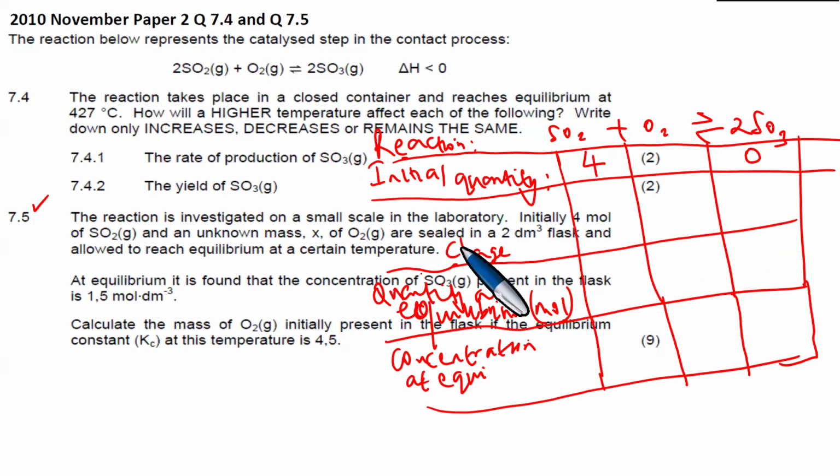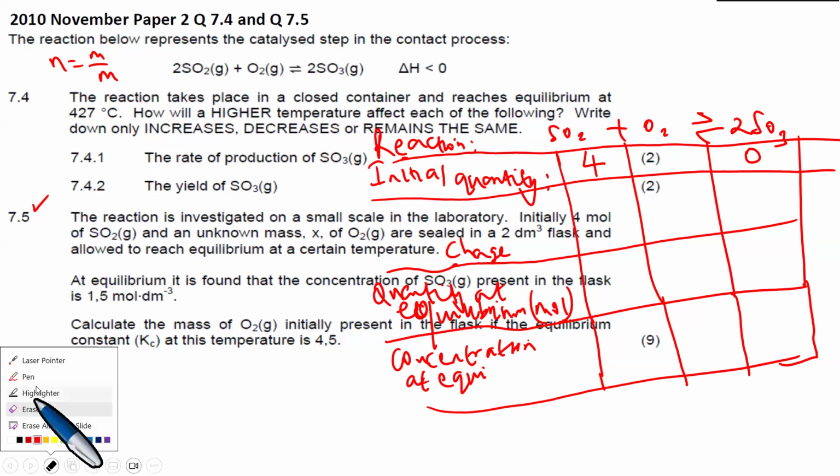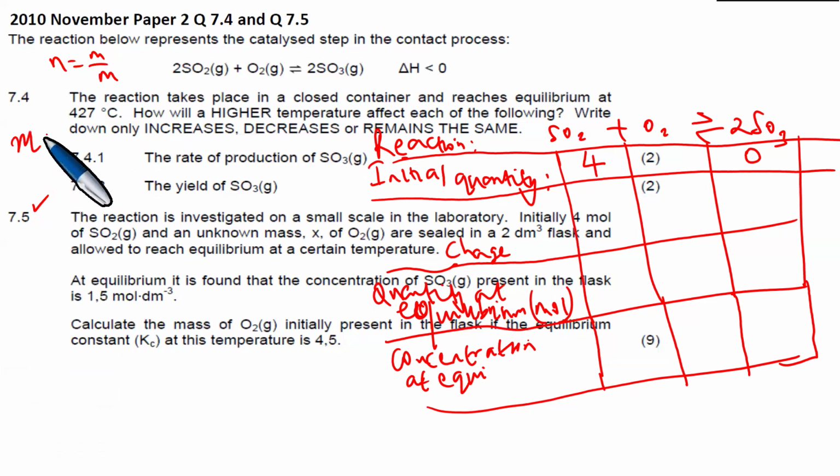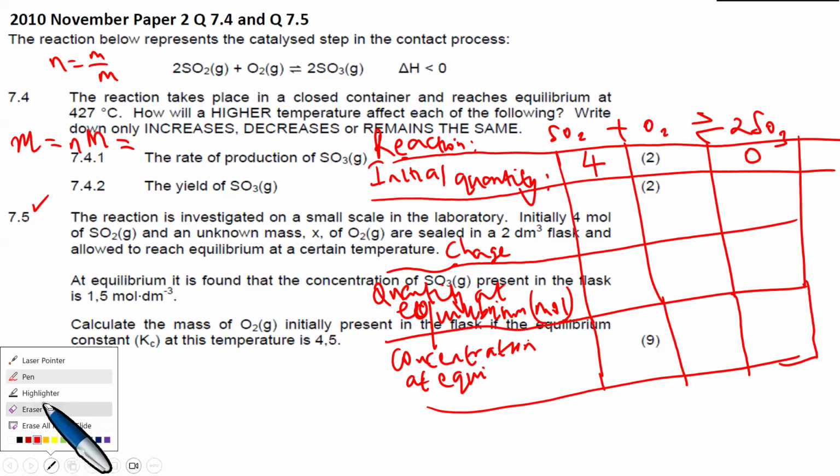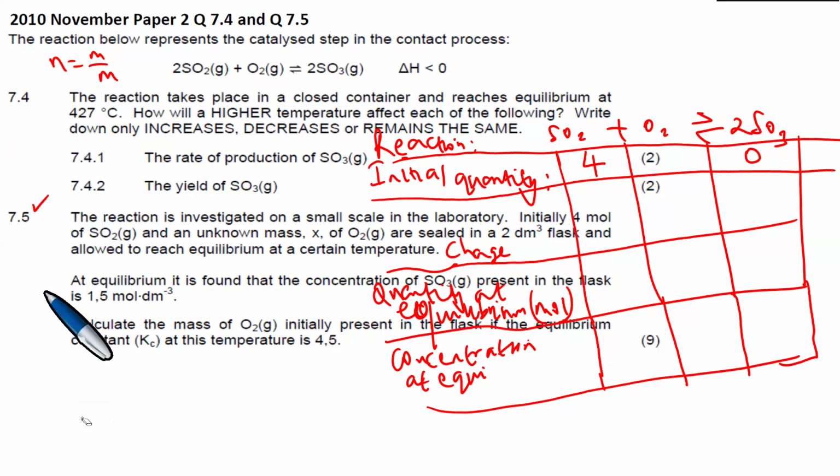If this mass is there, we know that number of moles is mass over molar mass. The mass here is the number of moles times the molar mass. Because we have just that, it's fine.